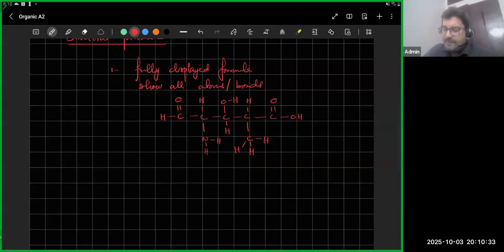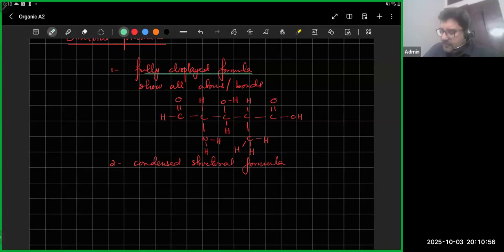The second type of formula is the condensed structural formula. The difference is that in the first one you show all the atoms and bonds.